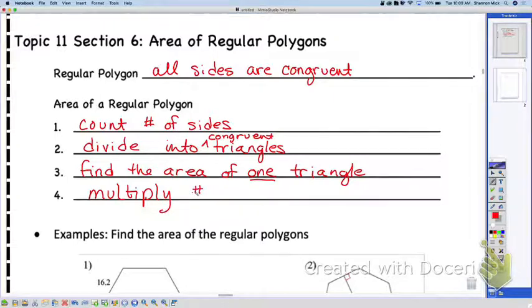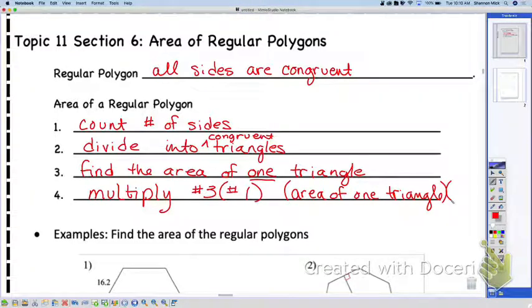number 3 by number what? 1. Okay? And number 3 was what? The area of one triangle, right? And what was number 1?